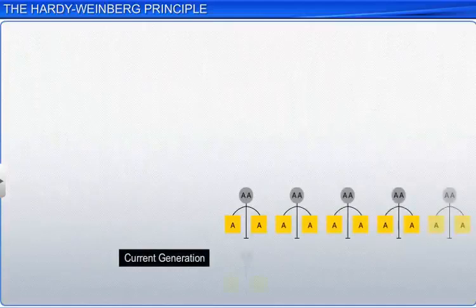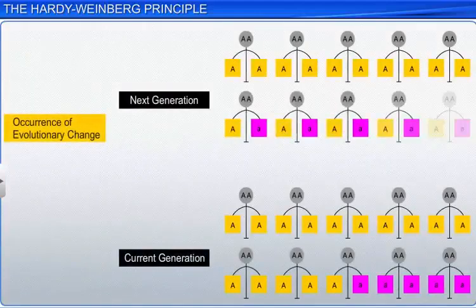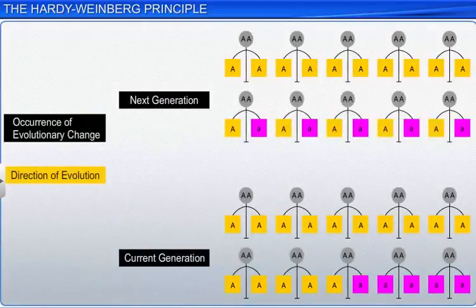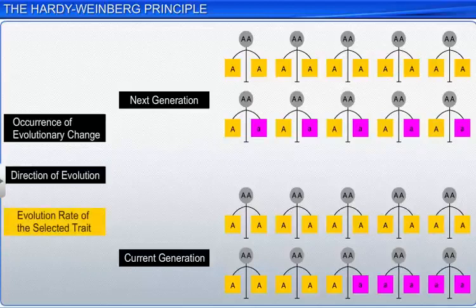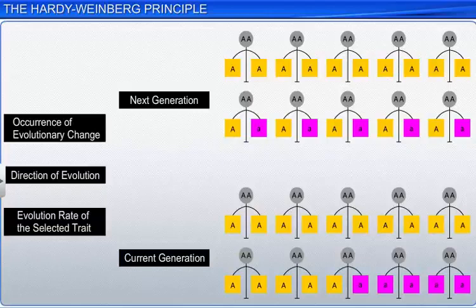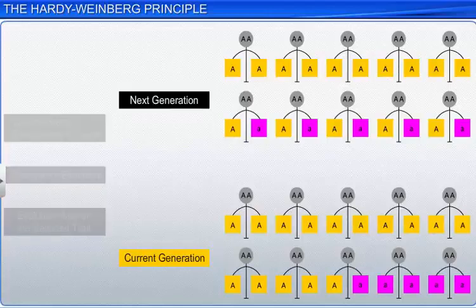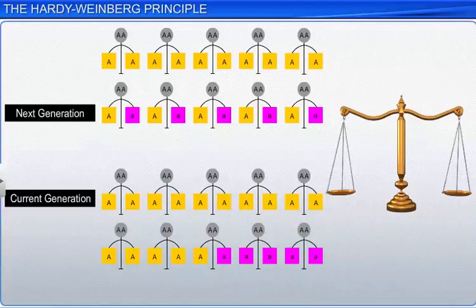We can learn about the occurrence of evolutionary change, the direction of evolution, and the evolution rate of the selected trait by comparing the genotype frequencies of the next generation with those of the current generation. Genetic equilibrium serves as a baseline against which we can measure genetic change.